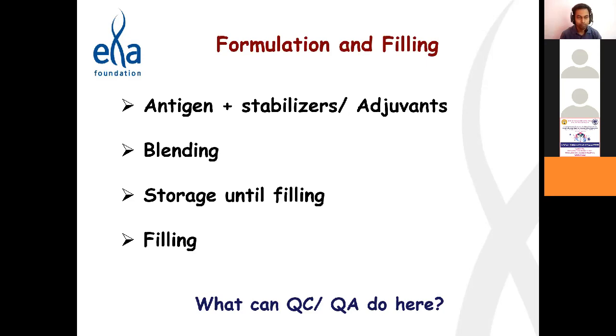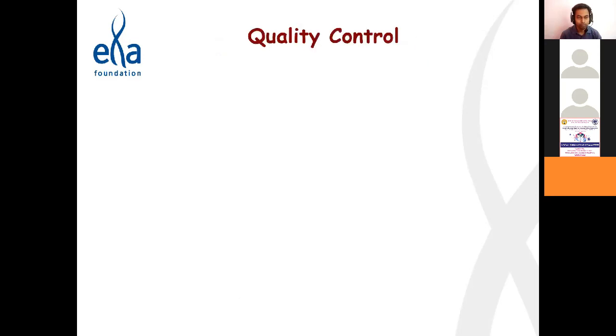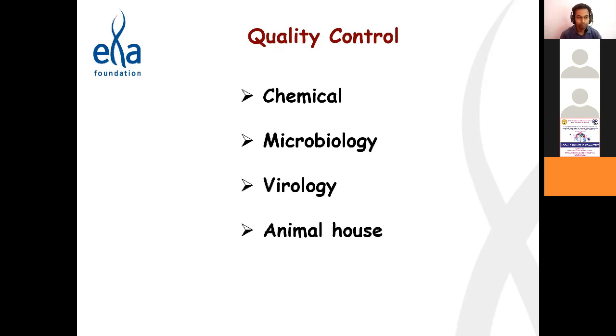Those kinds of studies need to be performed by QC, and QA needs to support those activities. Coming to the quality control department, there are a lot of branches within it: chemical, microbiology, virology, animal house, and environmental health and safety. These all come under the quality control department.